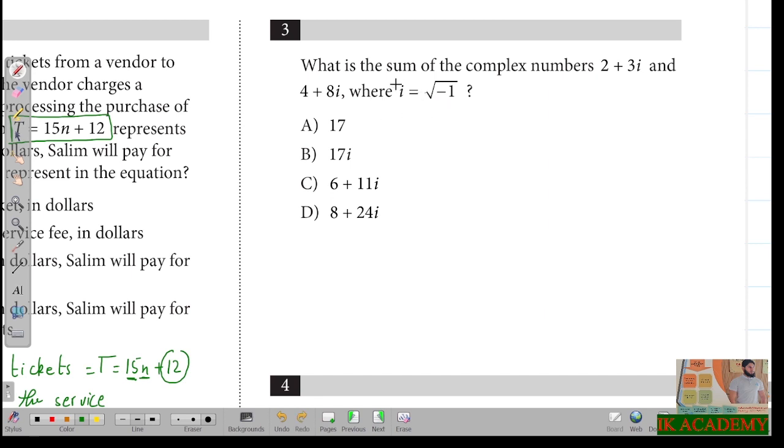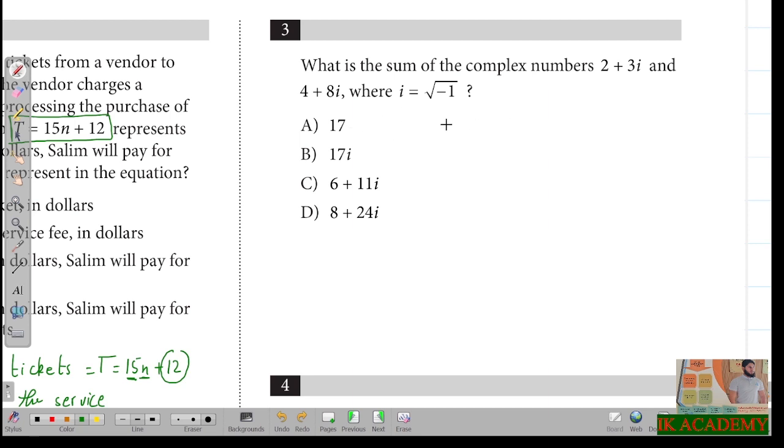We have two complex numbers, where 3i and 8i are the imaginary parts and 2 and 4 are the real parts. If we sum two complex numbers, the real part will be added to the real part and the imaginary part to the imaginary part.